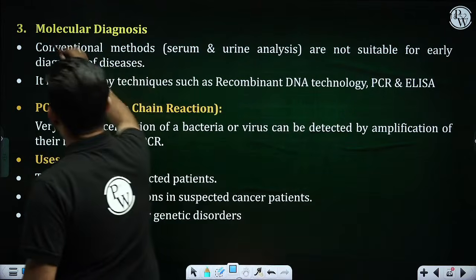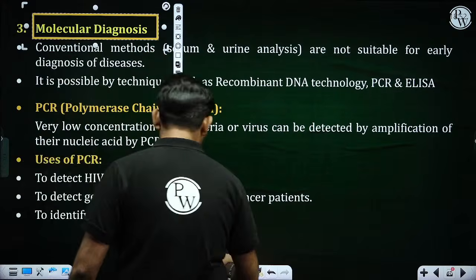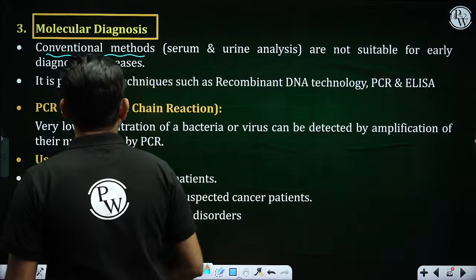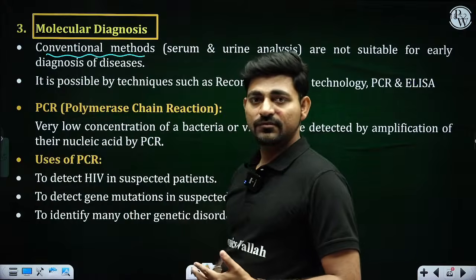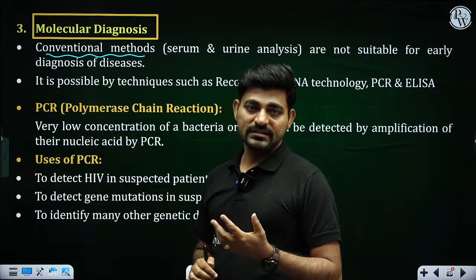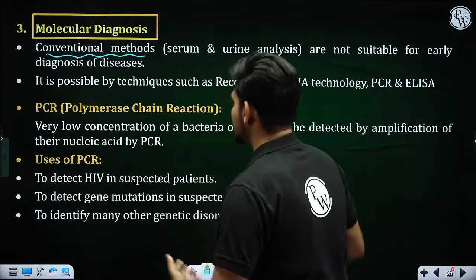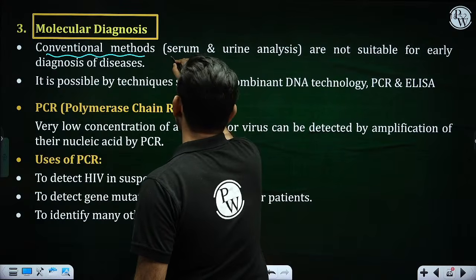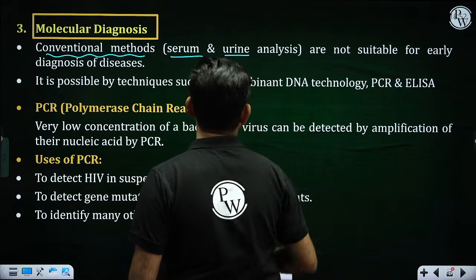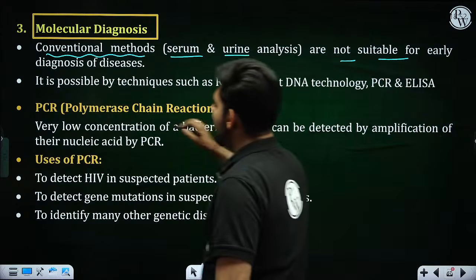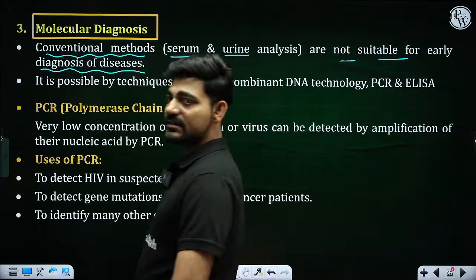Now we will go with next topic, that is molecular diagnosis. For conventional methods, diagnosis means how to determine whether a person is suffering from a disease or not. So there are some conventional methods like pathological test of serum, urine, saliva that are not suitable for early diagnosis of disease.